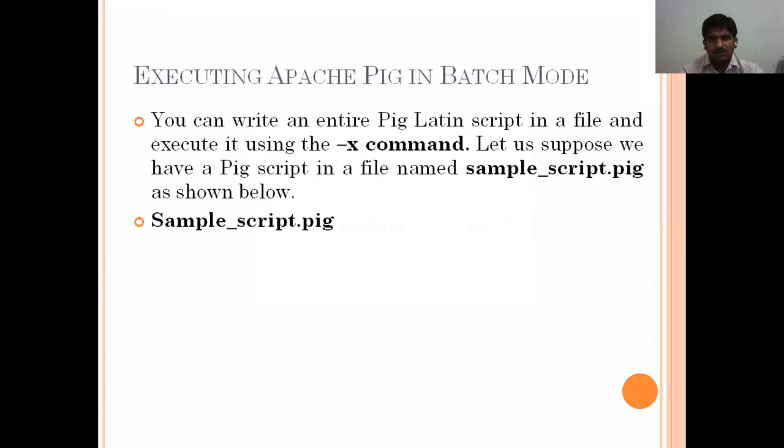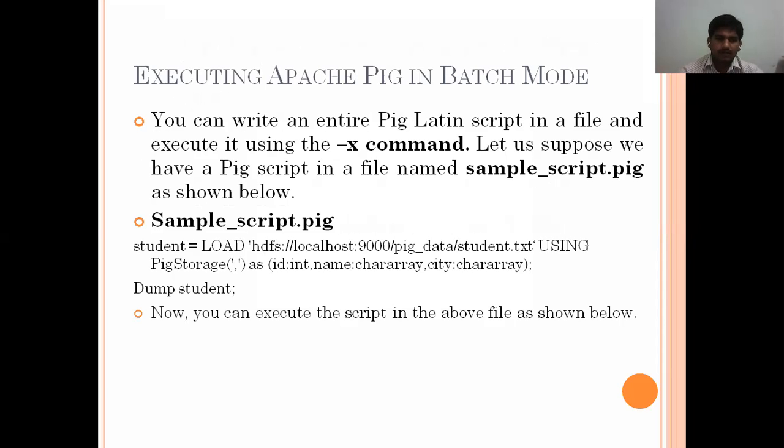Executing Apache Pig in batch mode, we save the total script lines into one single file, for example sample_script.pig. Where we have a number of statements ending with the dump operator, the dump is used to end.